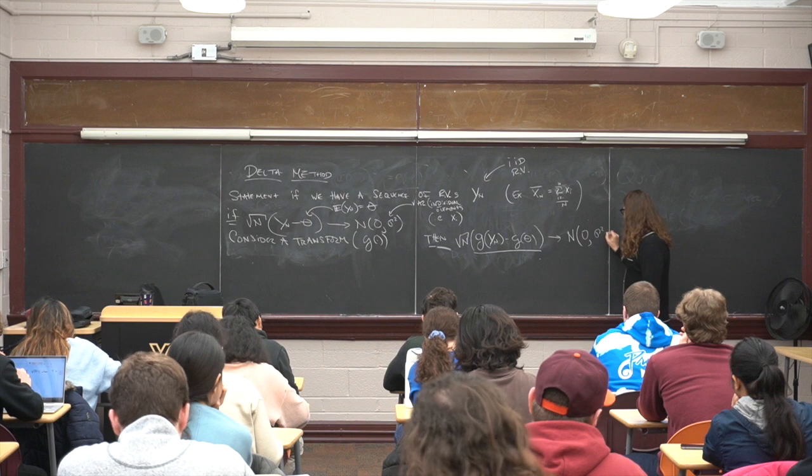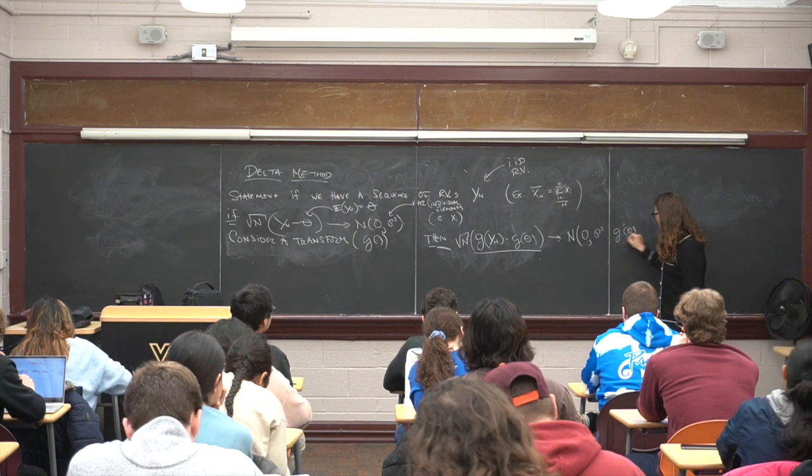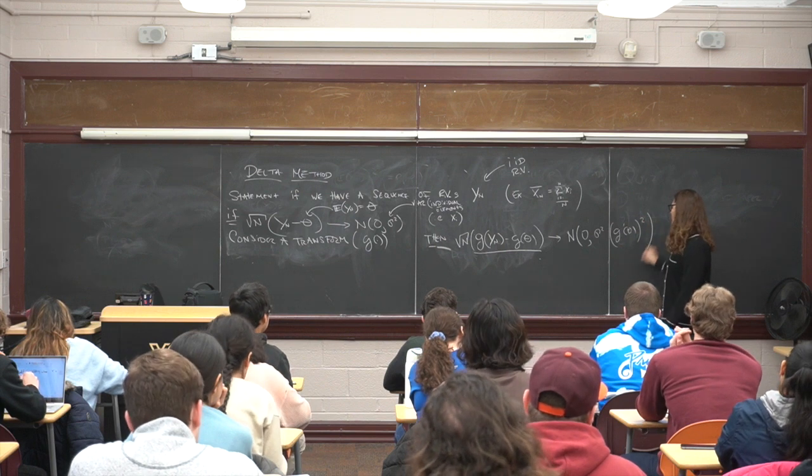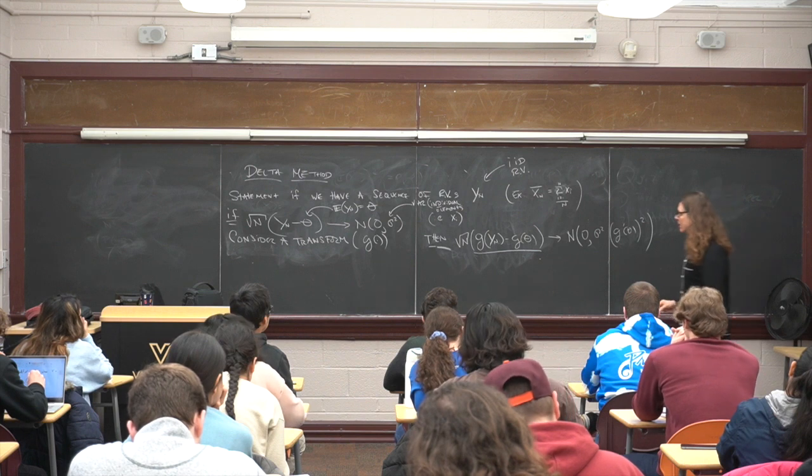It's going to have a variance, and there's one other part right here, g prime of theta, and that gets squared. So that converges to that as n gets big.